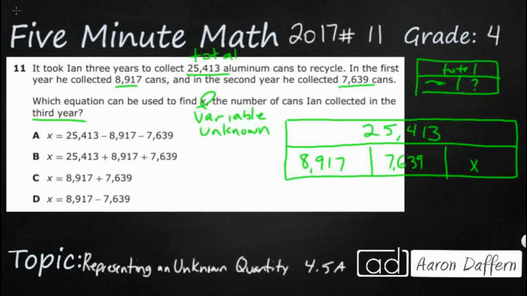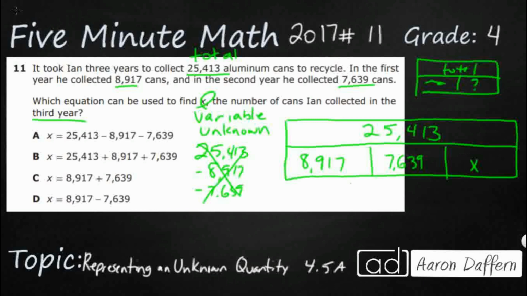But I have 2 different numbers, and you can't really stack subtraction. You can stack addition, but what I really need to do is subtract 8917, and then I also need to subtract 7639. You can't stack it like that.